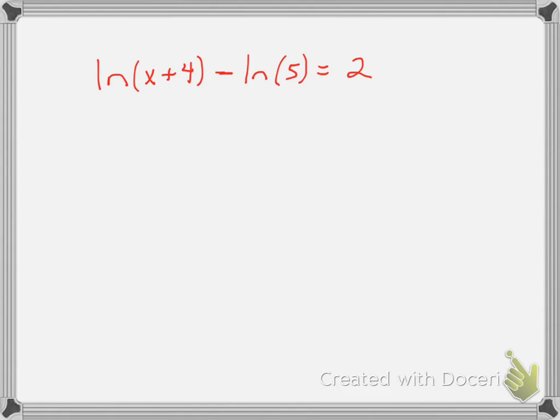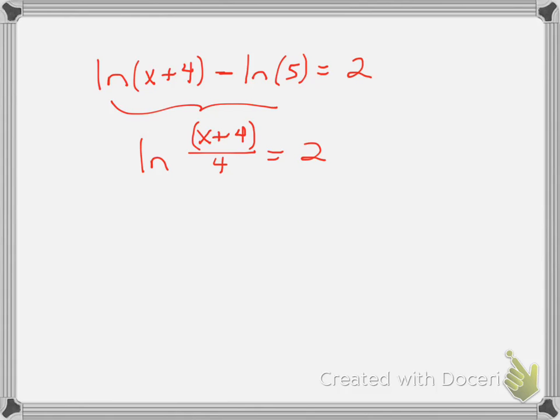Okay, our problem here is we have multiple logs, and that poses an issue because we need this to be one log. But lucky for us, we can use properties, and we know that when we have subtraction of logs, that's the same thing as division. So we have x plus 4 over 5 there. Now, where do I go from here?